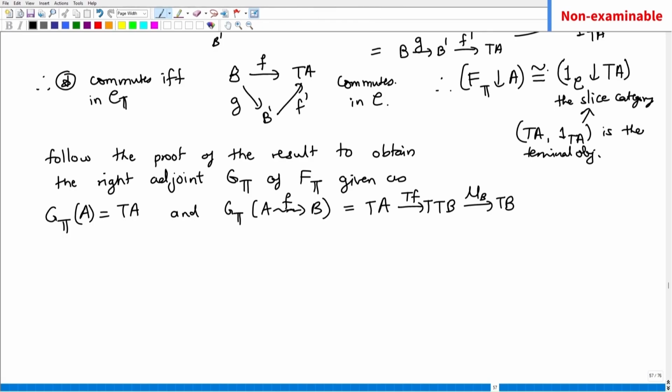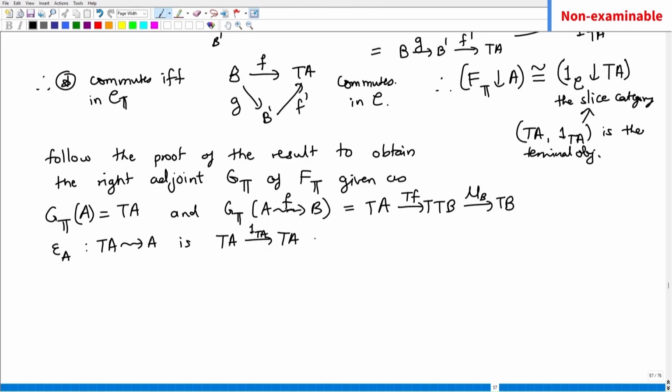Okay, now there are a few more things to verify before we can finish discussing this Kleisli construction. Epsilon A, from TA to A, happens in the category CT. So epsilon A is just the identity map on TA.